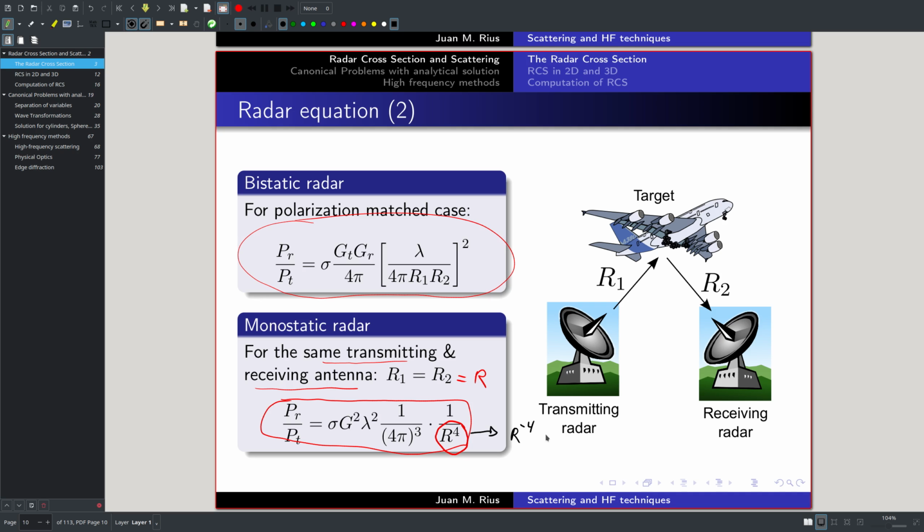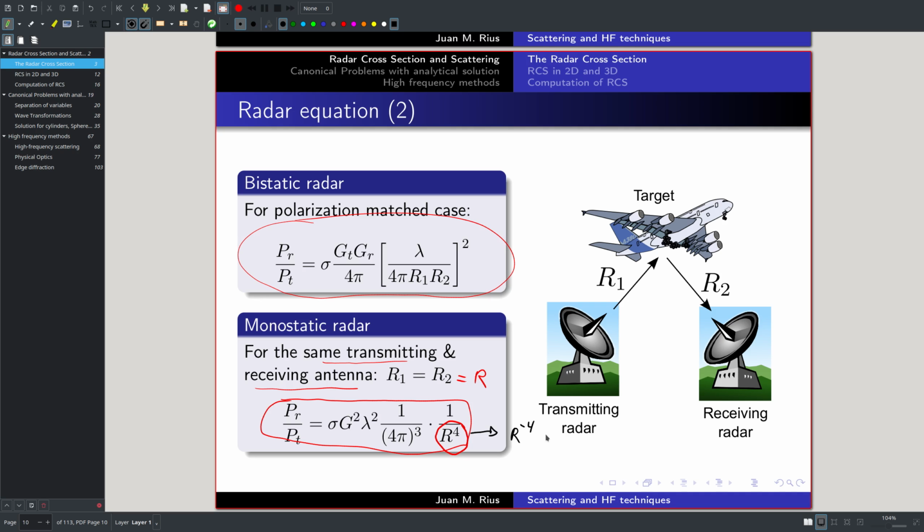However, the surveillance radar at airports or military surveillance radars are able to detect targets at distances up to 500 kilometers, which is a lot. Imagine 500 kilometers to power minus 4. The received power is very, very low. So the radar has to be very sensitive.